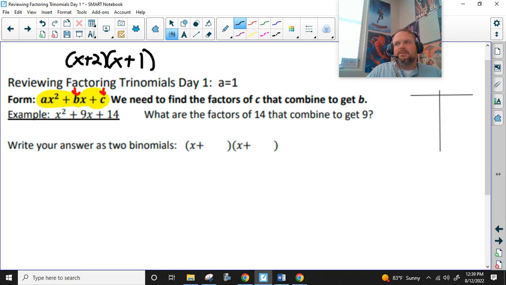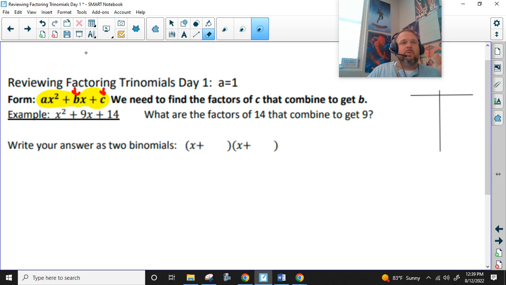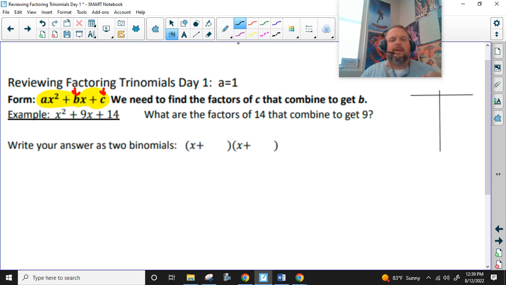You double distribute, table method, something to multiply those, and you would get this answer. Now we're going backwards, okay? Because nothing's more confusing than say, let's do this forwards, and then, okay, let's go backwards. Okay, now, so for this example, what are the factors, what numbers that multiply to give us 14, when we combine them, add or subtract, I just say combine, gives us 9.